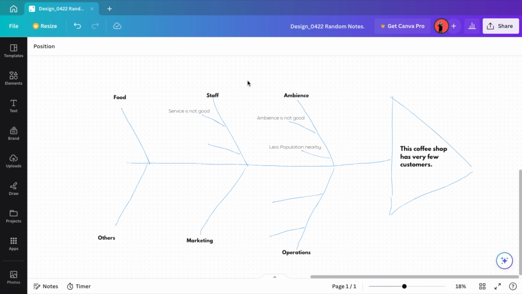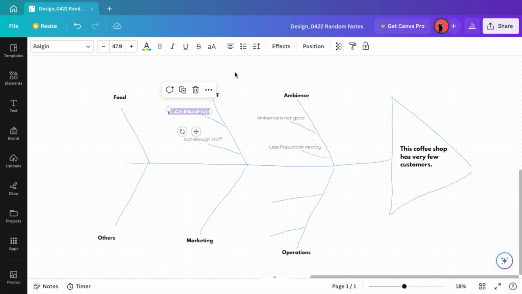The service is not good is something. Another problem could be not enough staff. So for staff related problems, we wrote here: not enough staff, it's very hard to manage a restaurant, service is not good. So we wrote those problems.